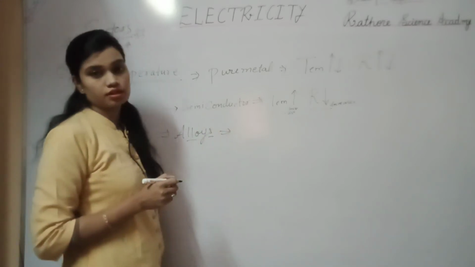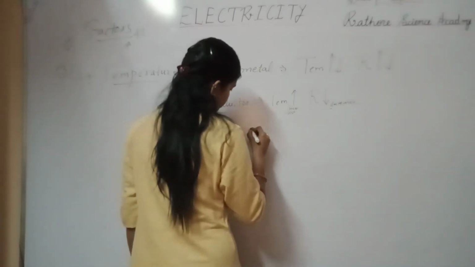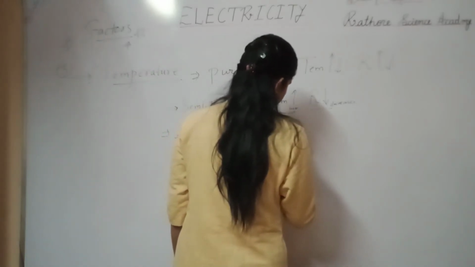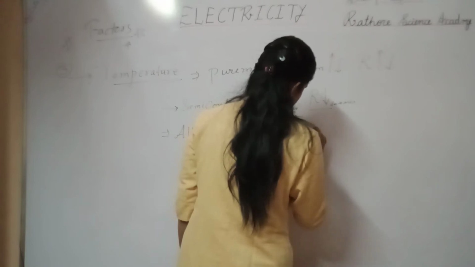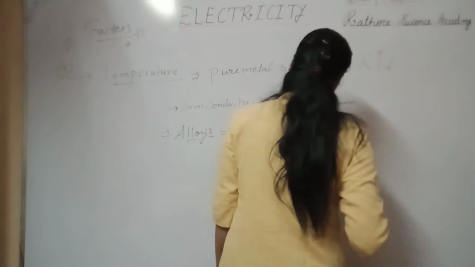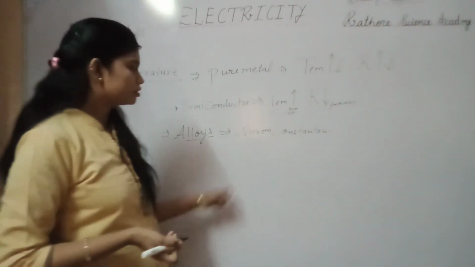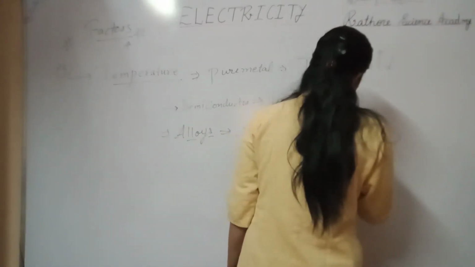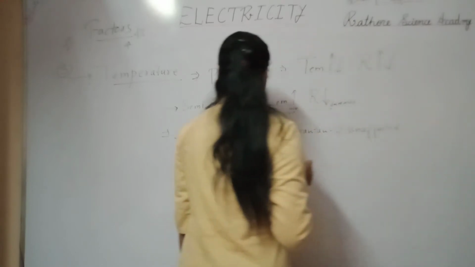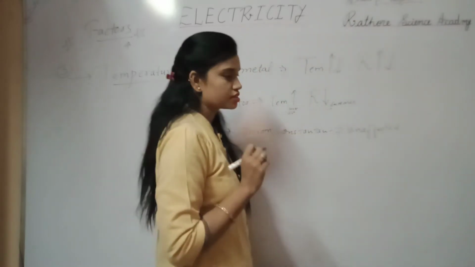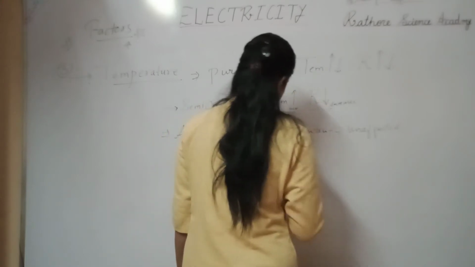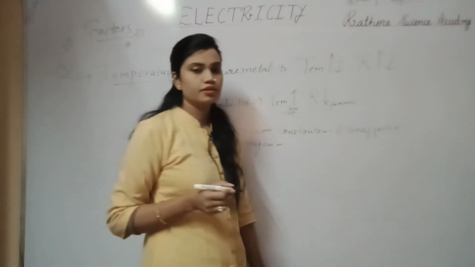Some alloys like nichrome, constantan, magnesium, the resistance of the conductor remains unaffected.